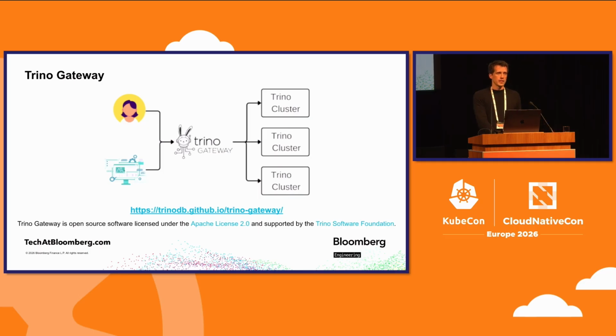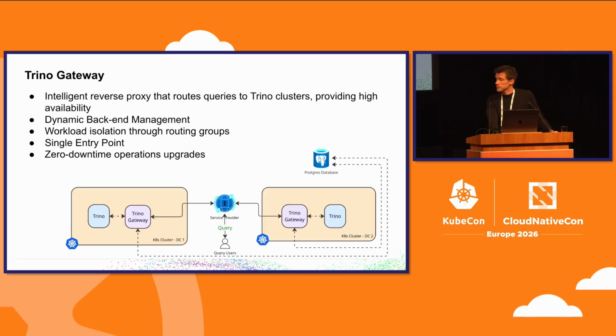And so this is where we introduced the Trino Gateway. This is how users actually connect and run queries. So Trino Gateway is a load balancer, proxy server, and configurable routing gateway for multiple Trino clusters. It's backed by a database that stores the key information that the gateway needs.